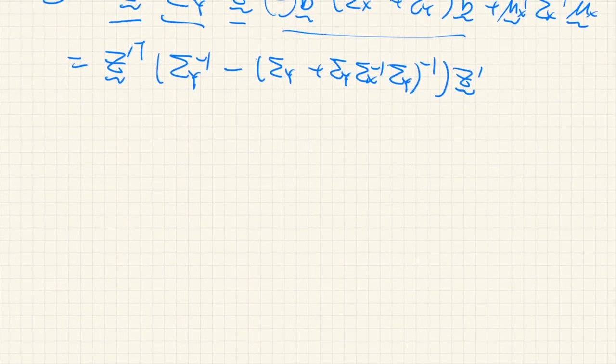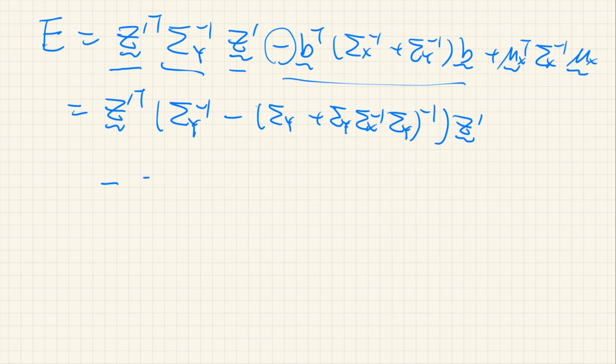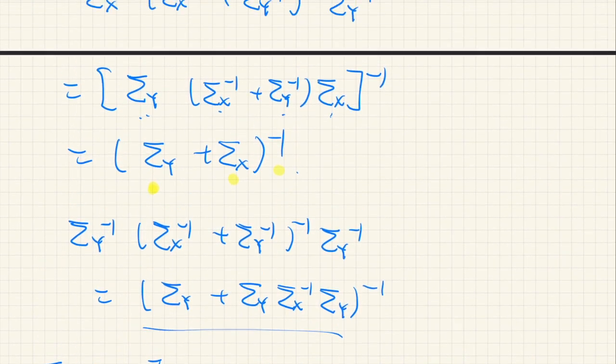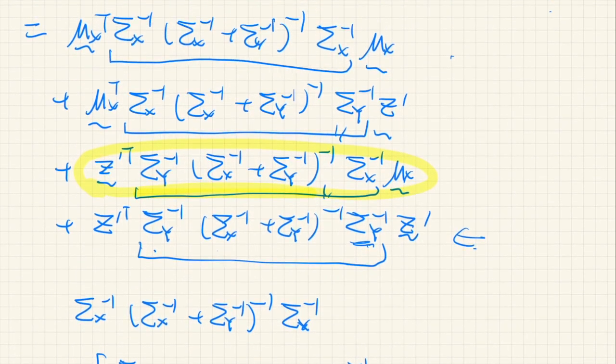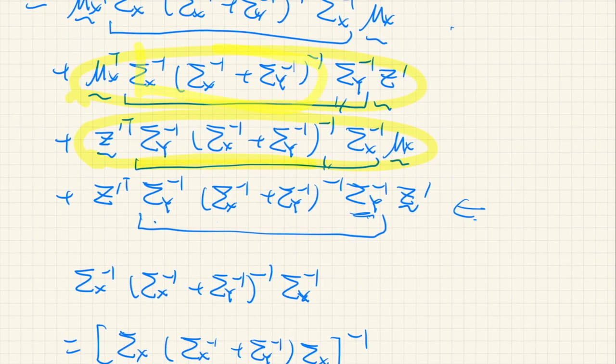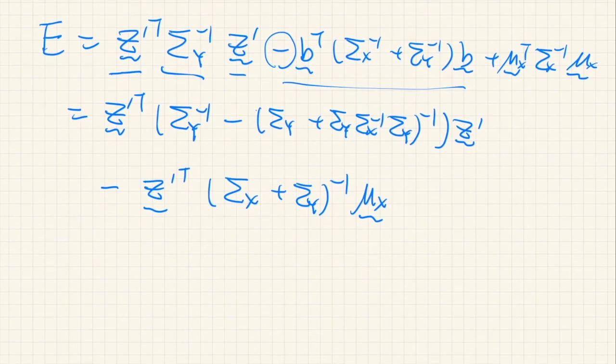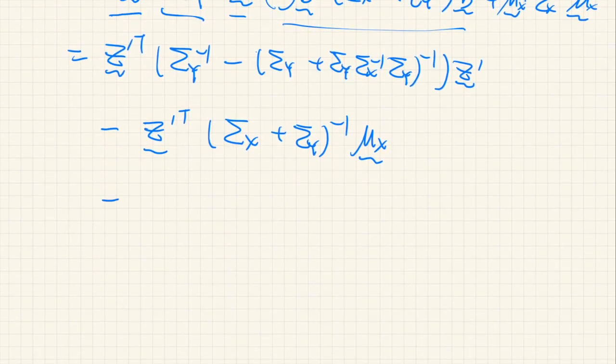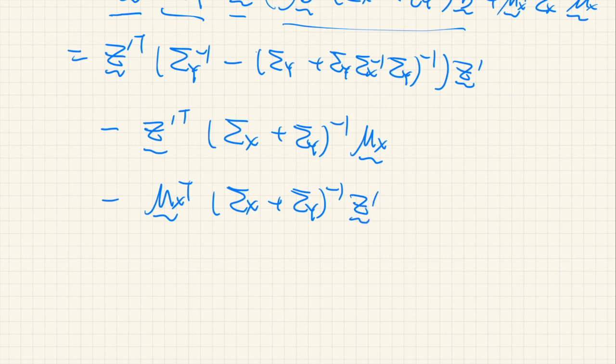So the next term is minus z' transpose (Σx + Σy) inverse μx. And next, consider the term containing μx transpose, this part. Okay, similarly, this matrix became (Σx + Σy) inverse, so we have minus μx transpose (Σx + Σy) inverse z'.